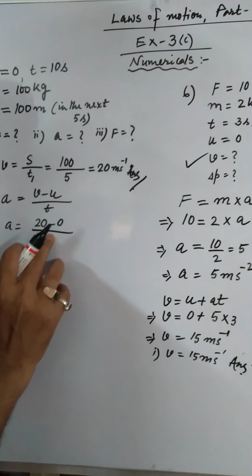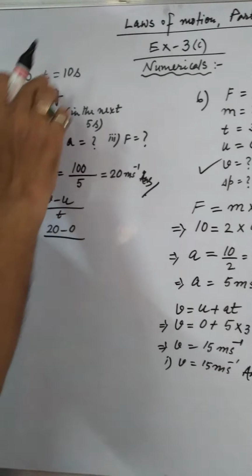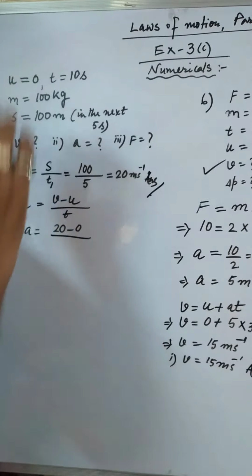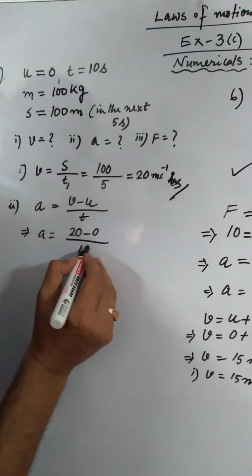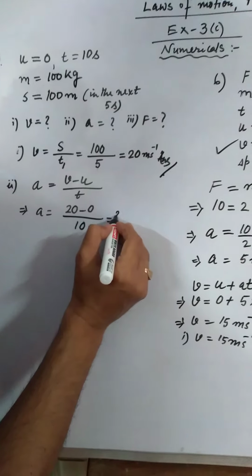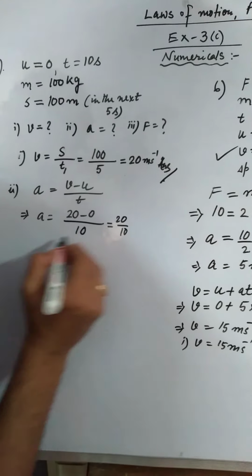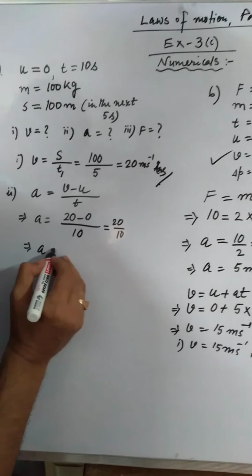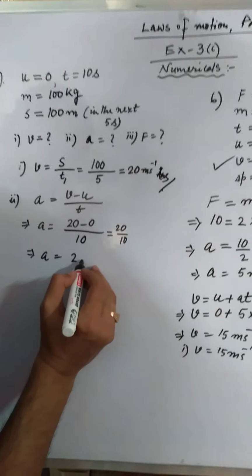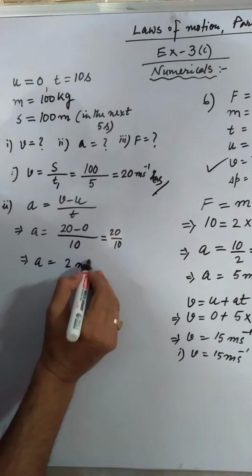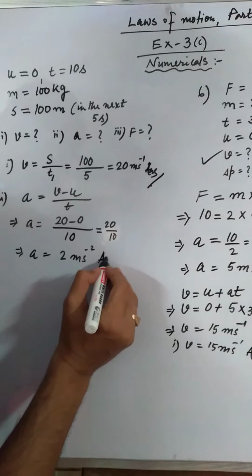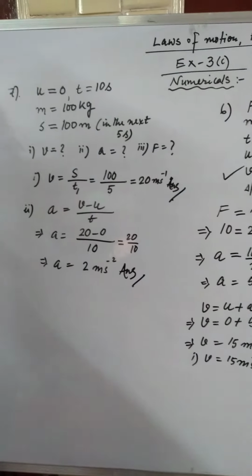That is not 3 seconds, that is 10 seconds. Okay. So 20 by 10. So the acceleration produced in the body is 2 meter per second square.